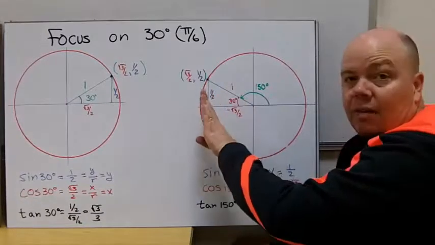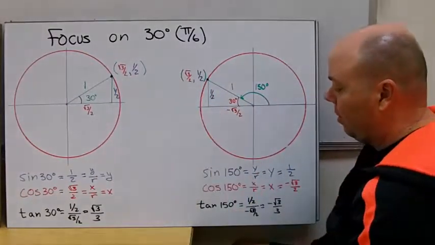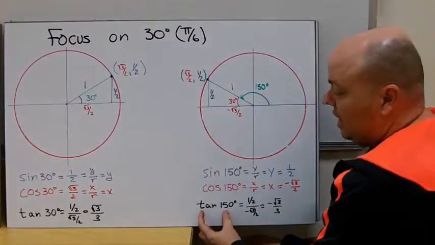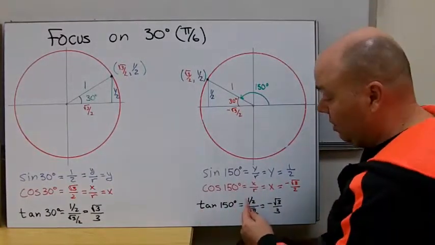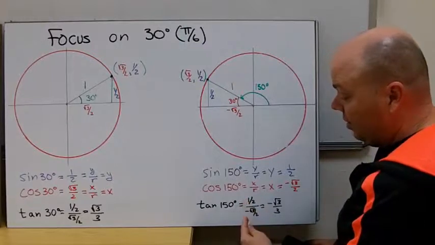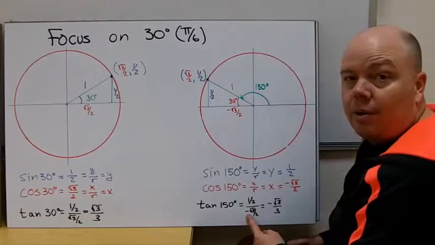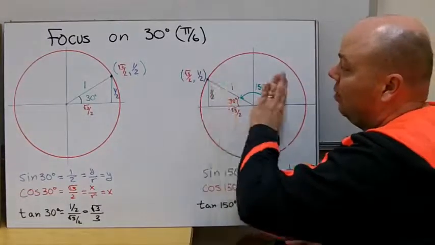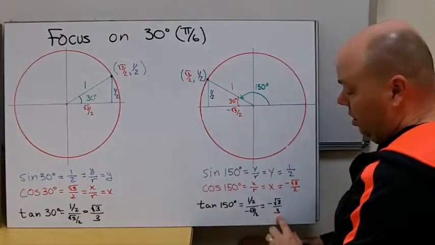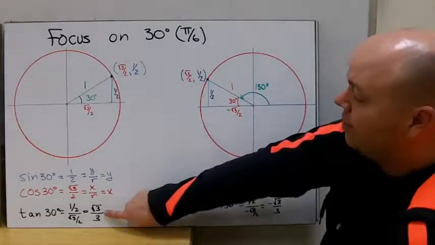So cosine is negative over here because you're on the left side of the circle. Tangent of 150 degrees is equal to the sine over the cosine, 1/2 divided by negative square root of 3 over 2, which is negative root 3 over 3. So this angle over here has the negative of the value in the first quadrant.